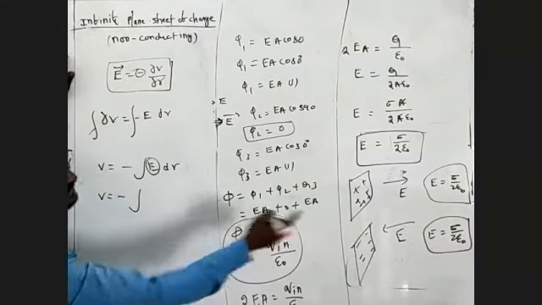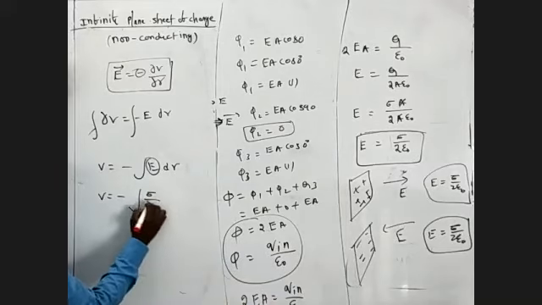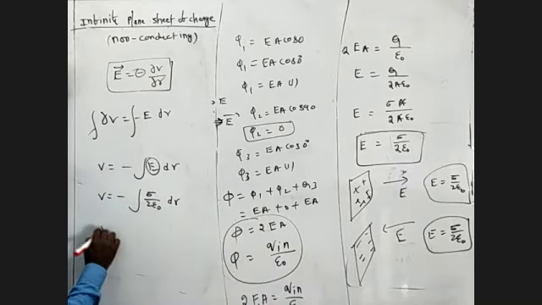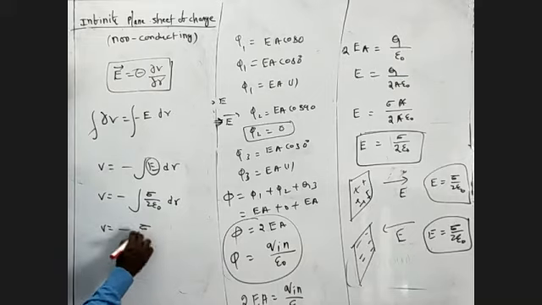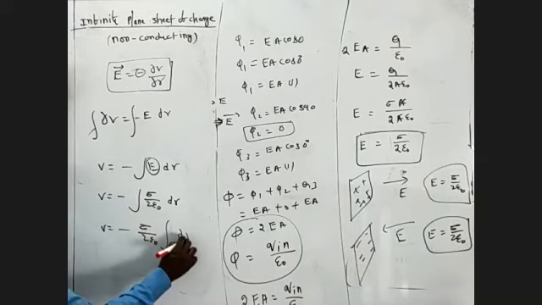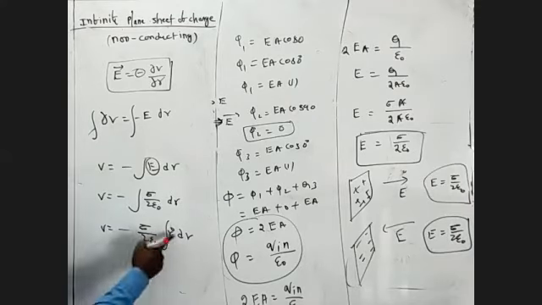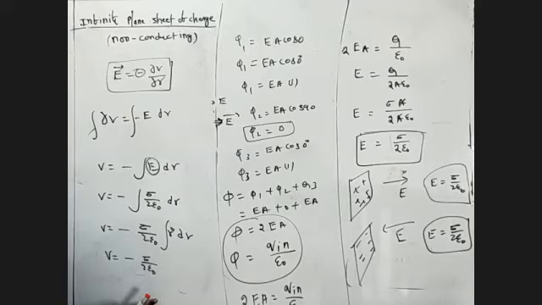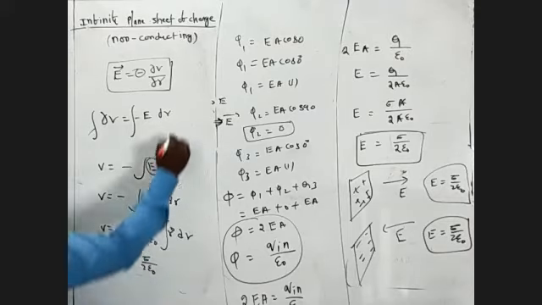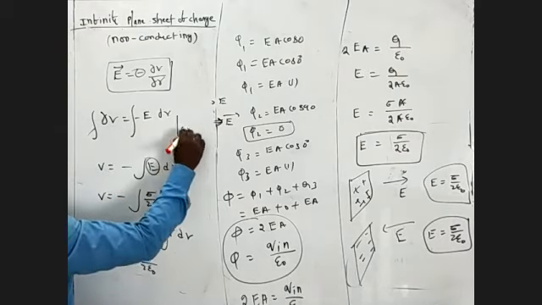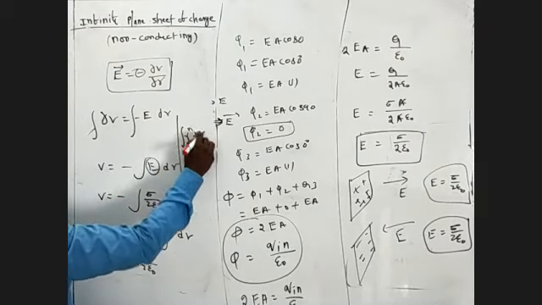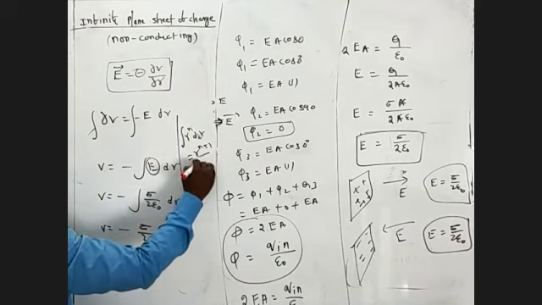E means sigma by 2 epsilon naught. So V is equal to minus sigma by 2 epsilon naught times integral of dr, where sigma by 2 epsilon naught is constant. The integral of r to the power n dr is r to the power n plus 1 by n plus 1.